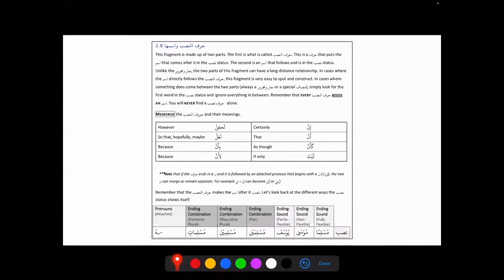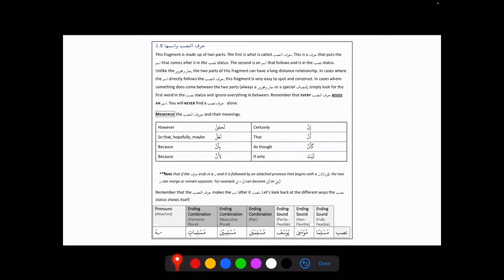So this is nasab. Ending combination, the masculine plural one, muslimuna is rafa, muslimina is nasab and jar, right? And then ending combination, the feminine one, muslimatun, muslimatin, muslimatin. So this muslimatin is nasab in status.